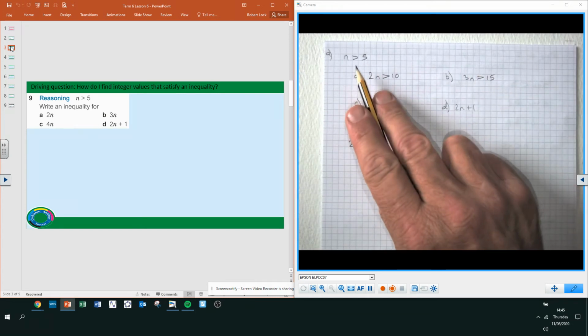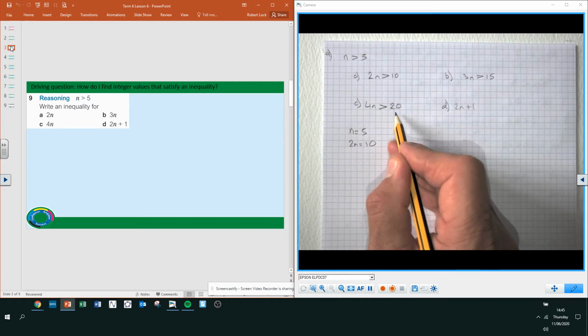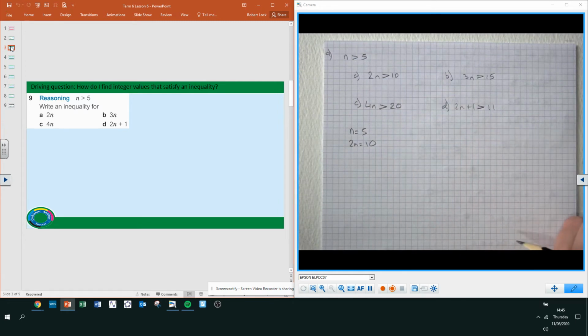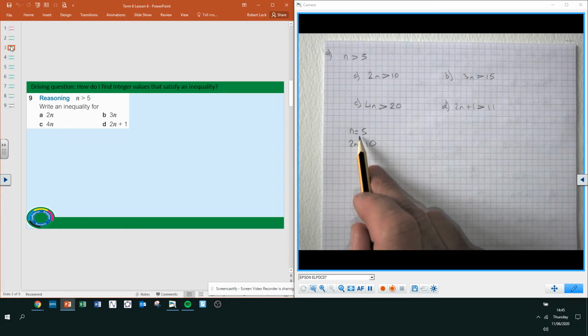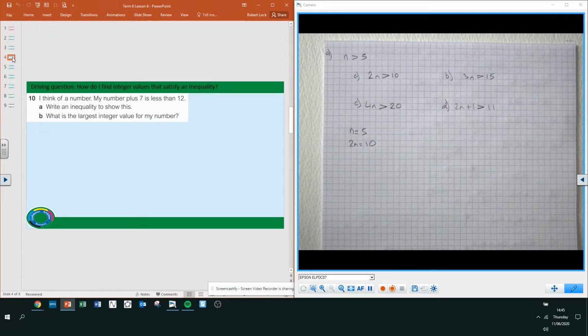There's 3 lots of 5. Here, this one will be 20. And this one here, well, that'll be 11. Here, I said equal sign, equality sign. Treat them the same. The rules change when a certain thing happens. Let me show you in a bit.